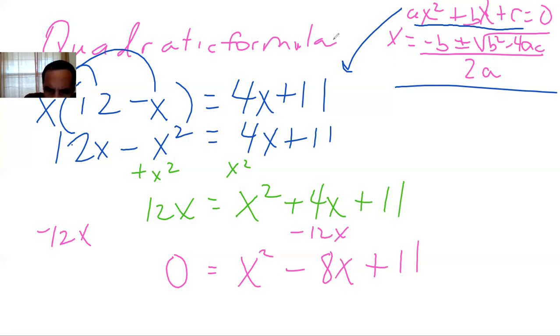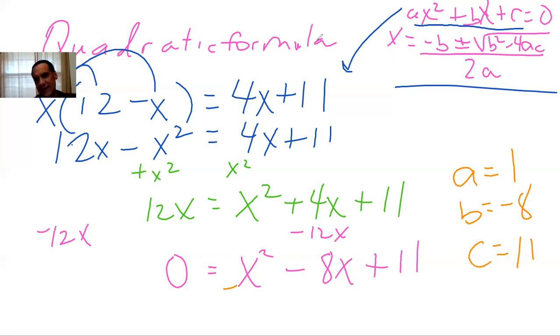Now, to continue with standard form, I have to also realize that A is in front of x squared, B is in front of x, and C is the constant term. And those are the numbers that are going to get plugged into the quadratic formula.